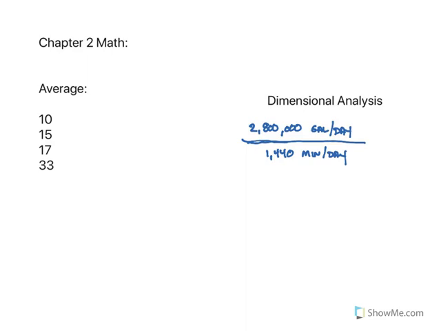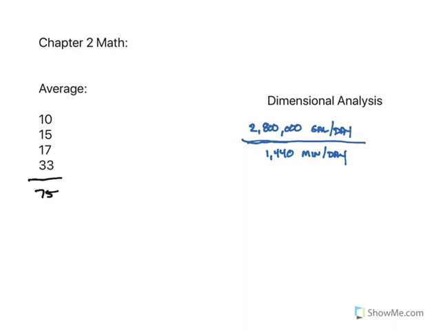So calculating an average is pretty straightforward. We add all of these numbers together. So 10 plus 15 plus 17 plus 33, when I add them together, I get 75. And then we divide the sum by the actual number of values that we added together.